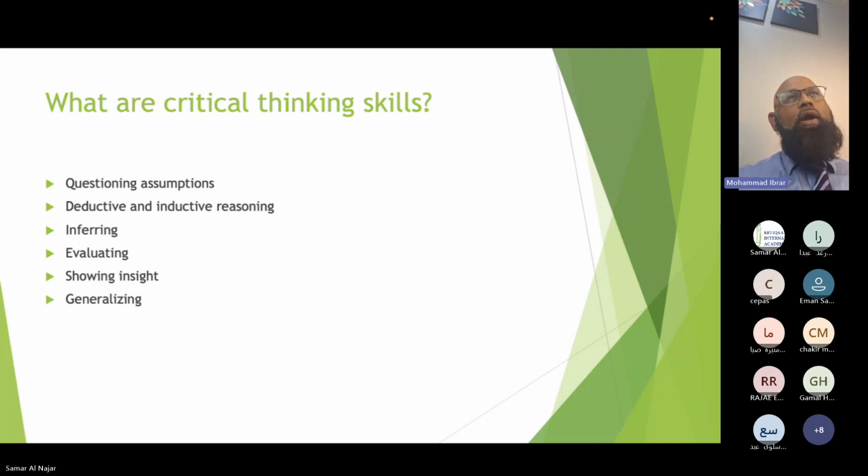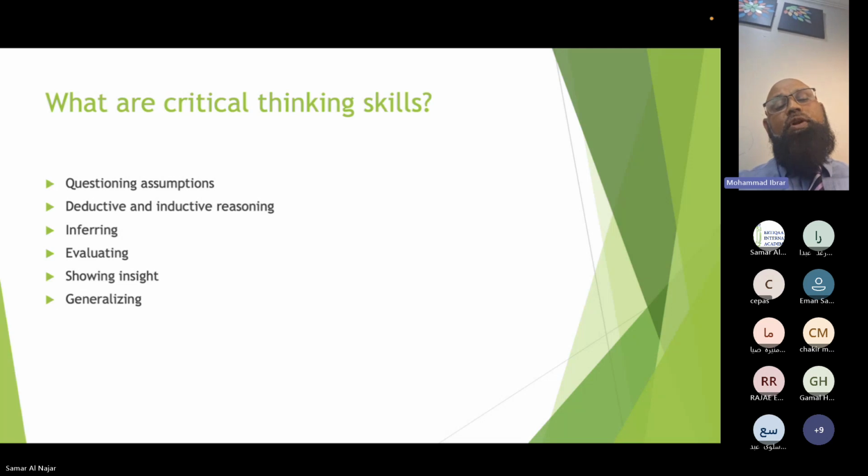For example, if it's raining, what do we assume? That the ground will be wet. This is deductive reasoning. If the assumption is true, the conclusion is guaranteed to be true. So if the assumption is true, the conclusion must be true.